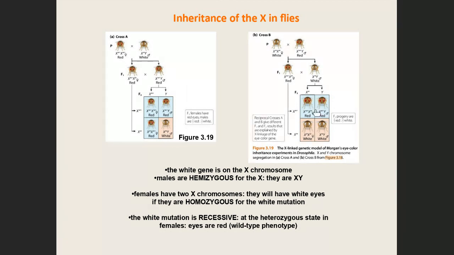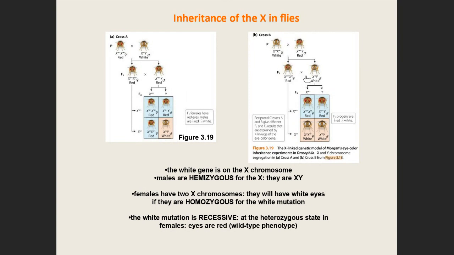Let's look at cross B. Once again, you get an F1 from the reciprocal cross. In that case, the females in the F1 are also heterozygous because they receive the wild type copy of the gene paternally from the parent generation.